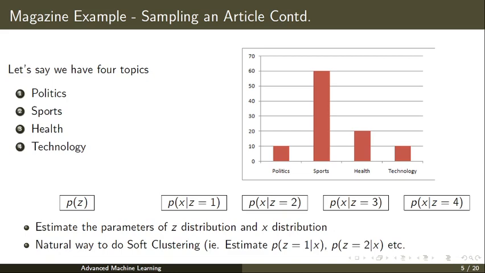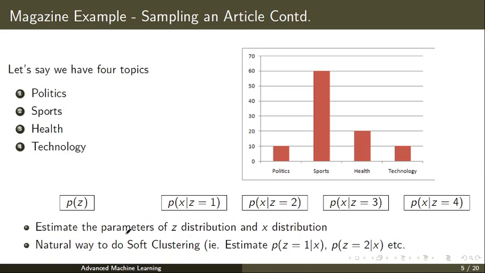So once you are given a new issue of this magazine, what we are expected to do is estimate the parameters of both these distributions. That is, you are supposed to find out not only the distribution of x's, but we would like to identify the z distribution also. That is the estimation of parameters in the case of latent variable models.